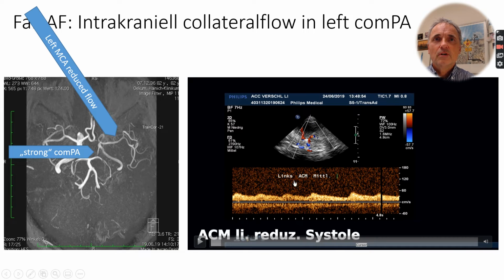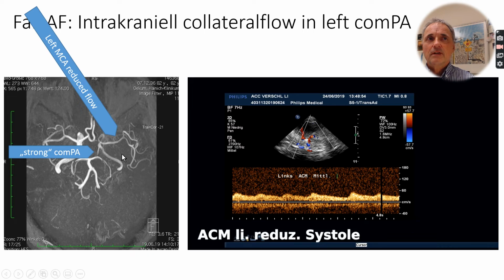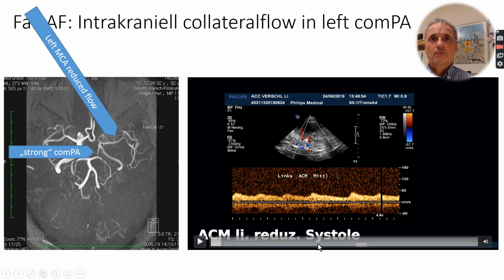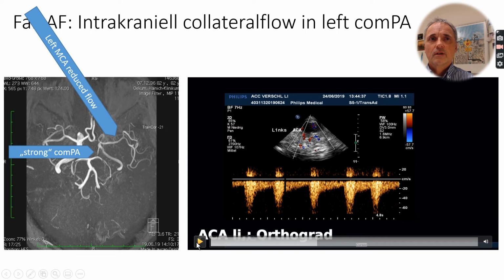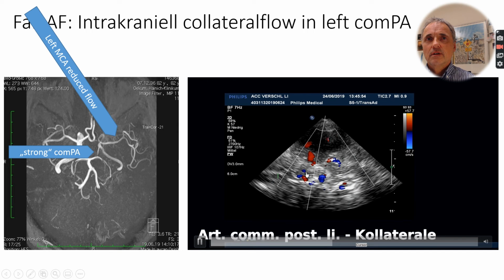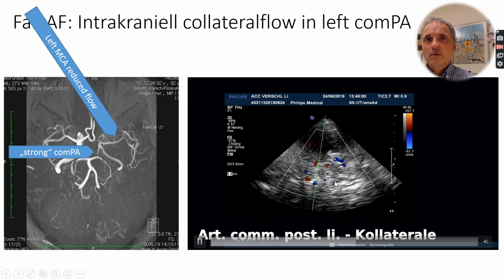Intracranially, we have a low flow in the middle cerebral artery on the left side, which corresponds to a reduced signal in the time-of-flight angiography. The ACA does not contribute to the flow, with orthograde ACA. So what happens?